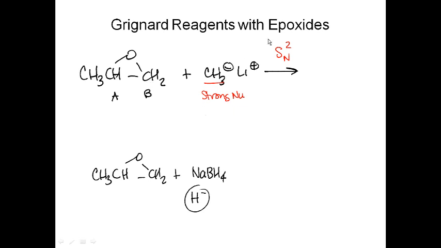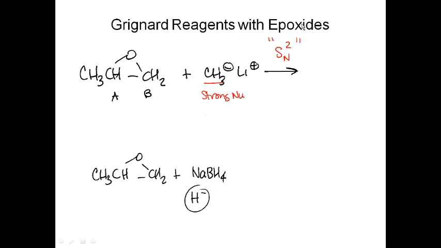Well, remember, what is important about SN2 mechanisms? They're based on sterics. Why does a primary alkyl halide undergo the fastest SN2? Because it's the least sterically hindered around the carbon with the halogen attached. Why don't tertiary alkyl halides undergo SN2?